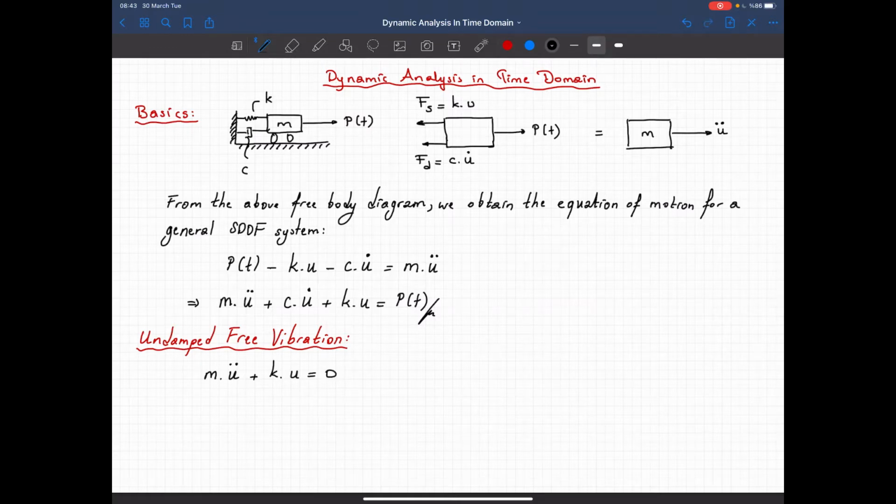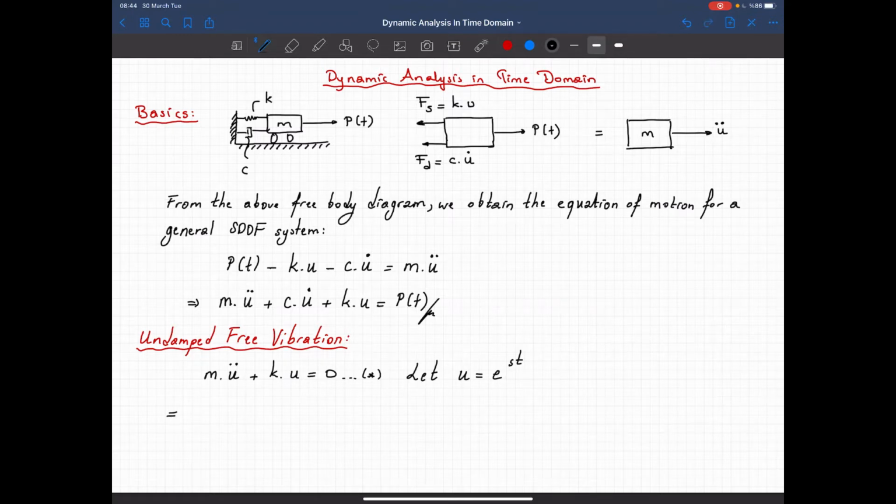In order to solve this differential equation, I'm assuming that u is equal to e to the power st. Then I put it into this main equation, I'll call it equation star.